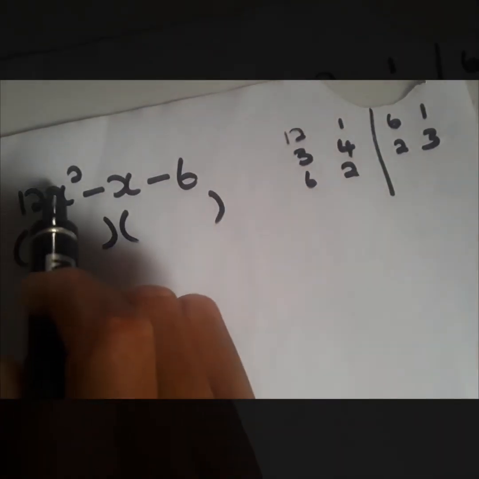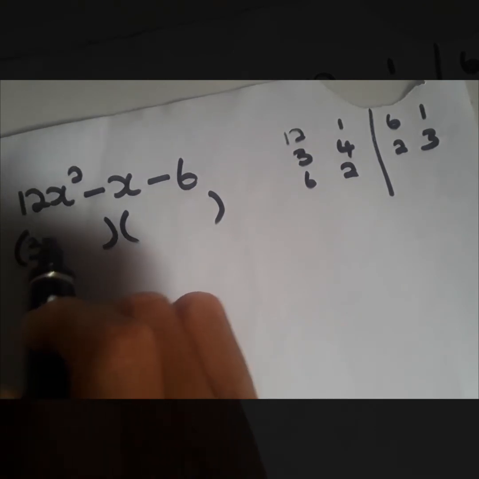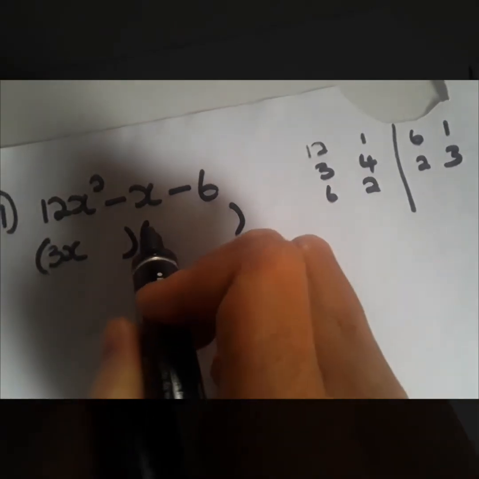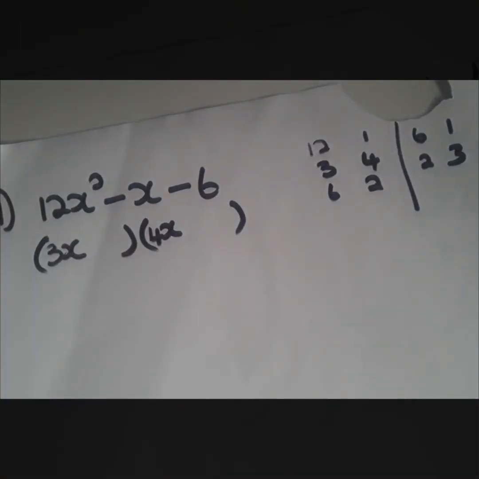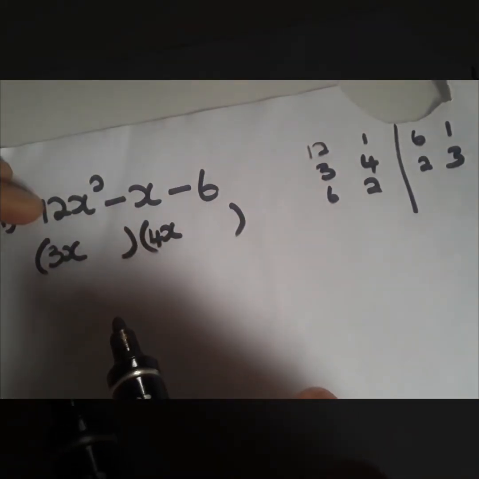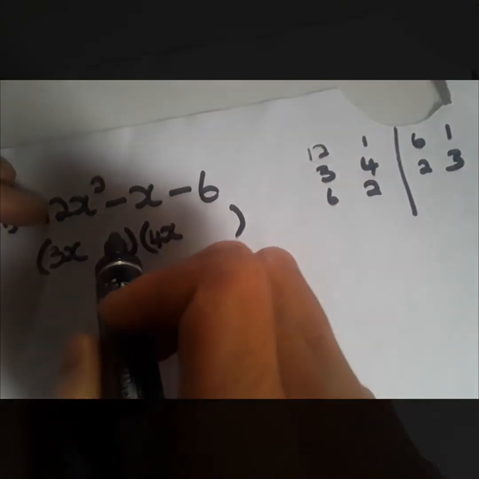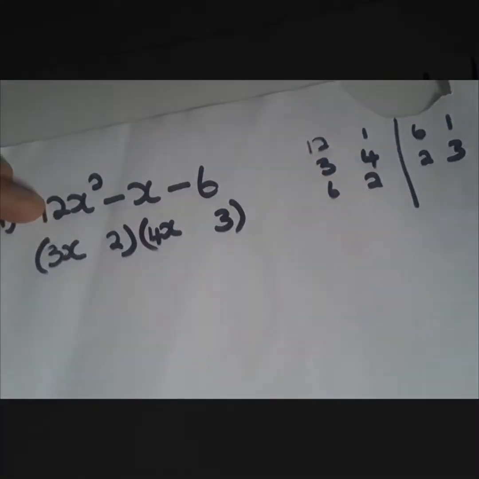So for the factors of 12, let's take 3x and 4x, and for the factors of 6, let's take 2 and 3.